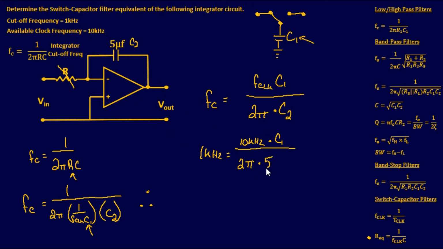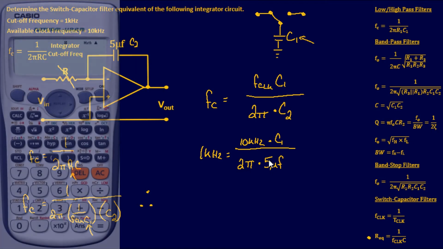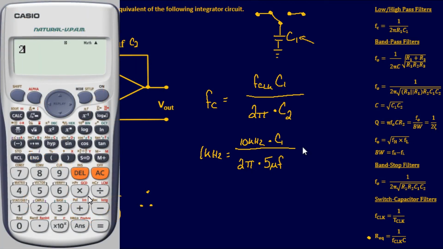It's 5 microfarad. The first thing I'll do is take 2 pi times 5 microfarad, and that's going to give me 10 kilohertz times C1 over 3.14, and we'll round that to 2, times 10 to the negative 5.